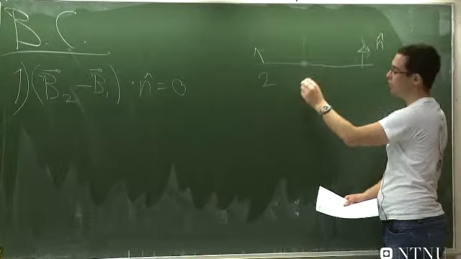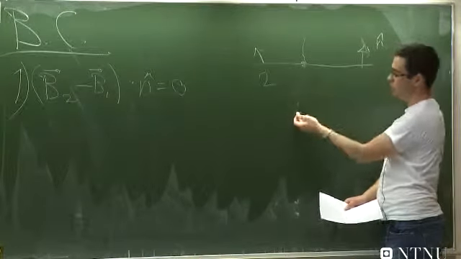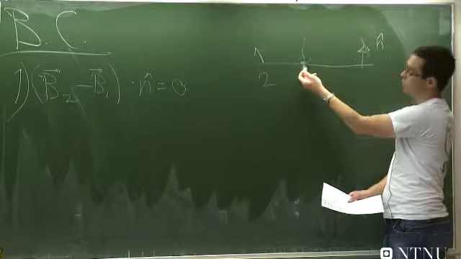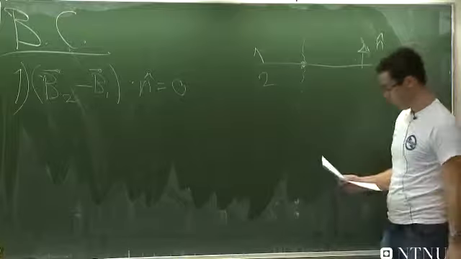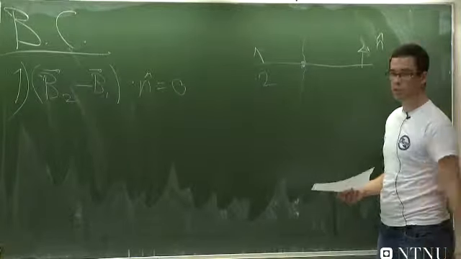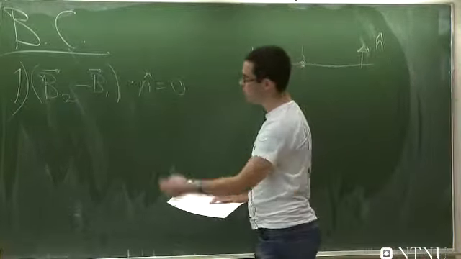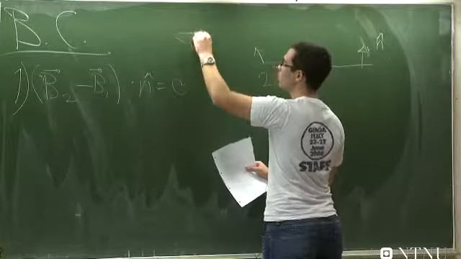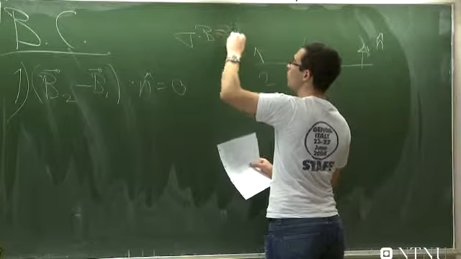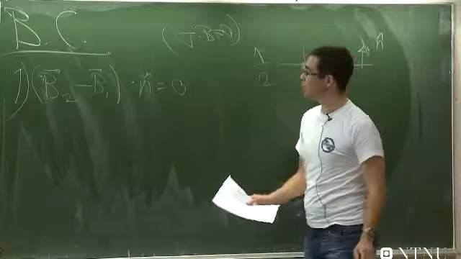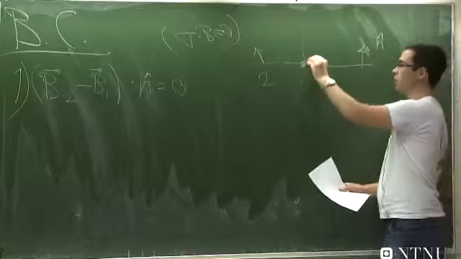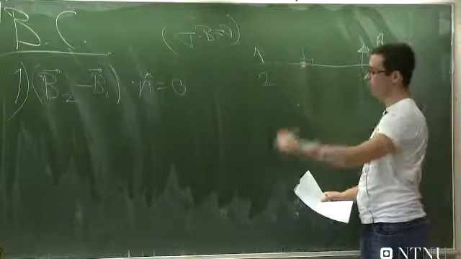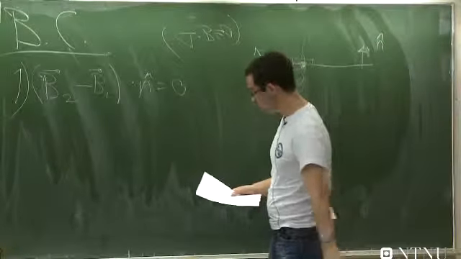I come from the lower side and look at the B field at the point just at the other side of the surface, just as I did with the electric fields. And this is the result. You can prove this by looking at Gauss's law, of course. It's the same as saying this, because if I make an integral over a small box here, there's no charge inside, so, well, home exercise.